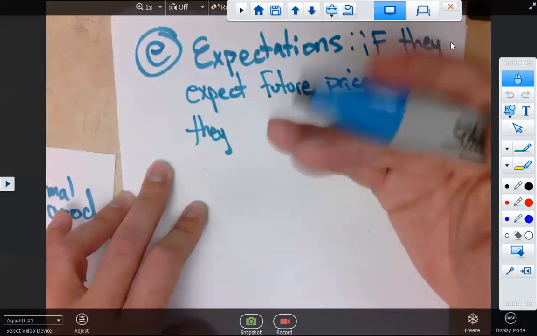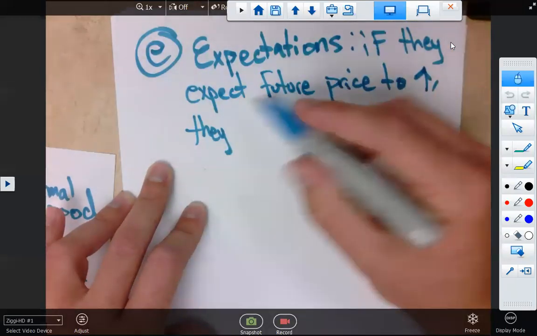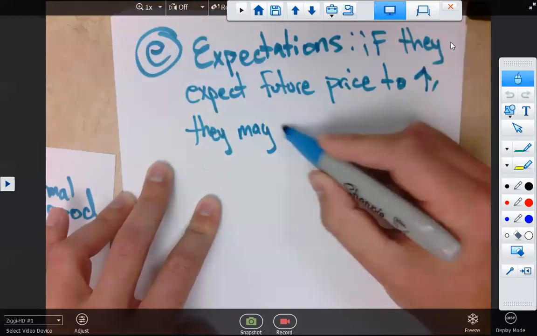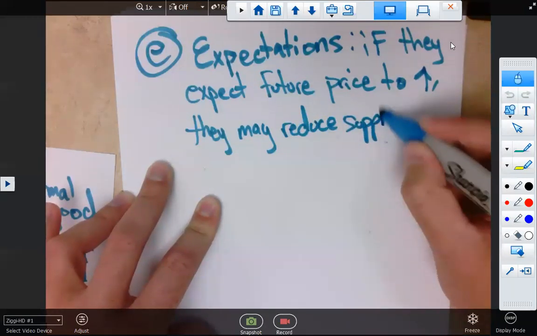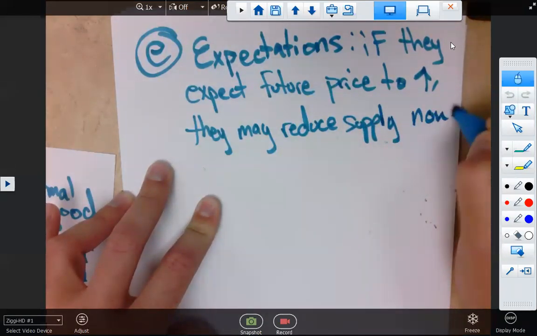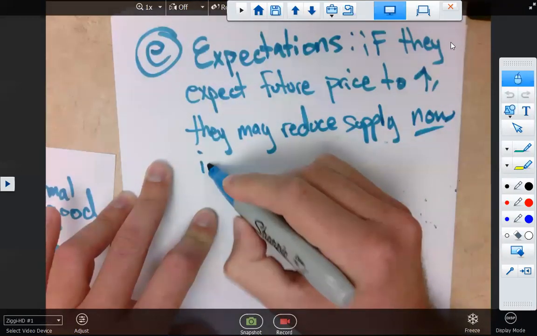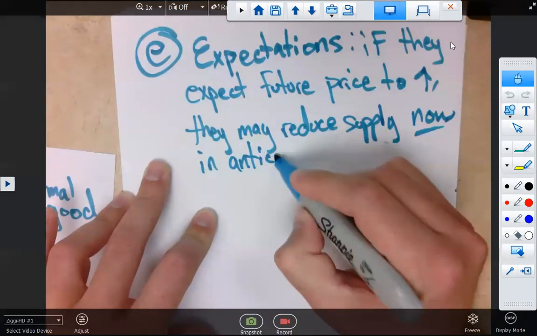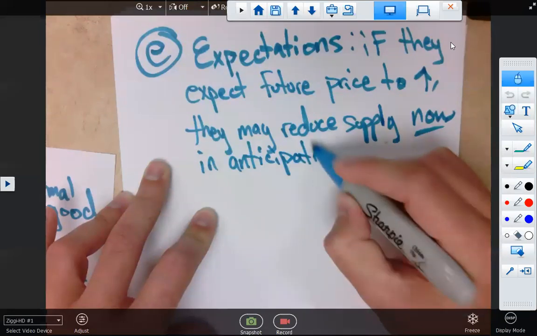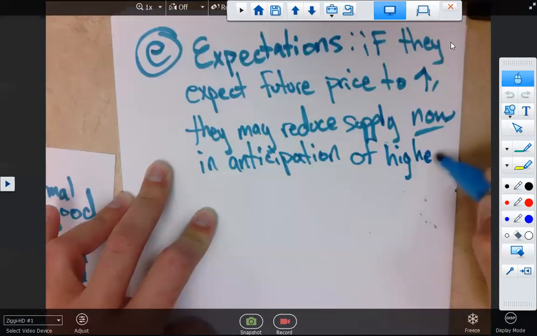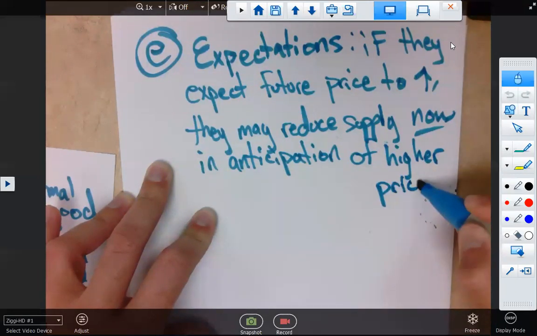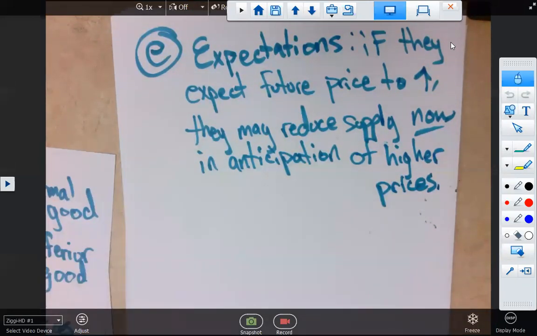They may just make stuff and hold it in a warehouse, right? In anticipation of higher prices in the future.